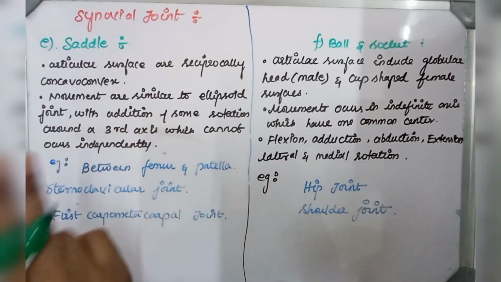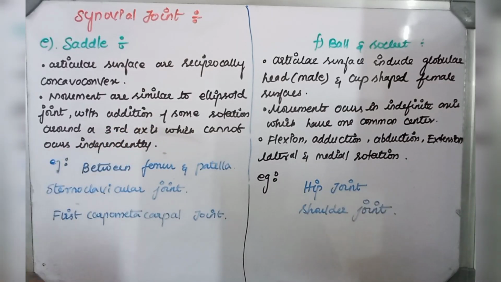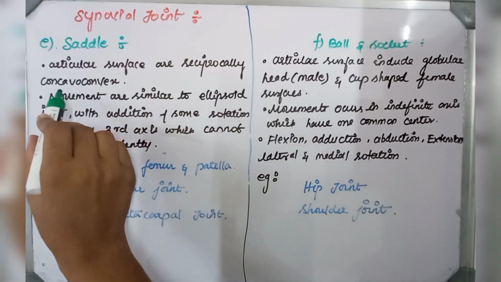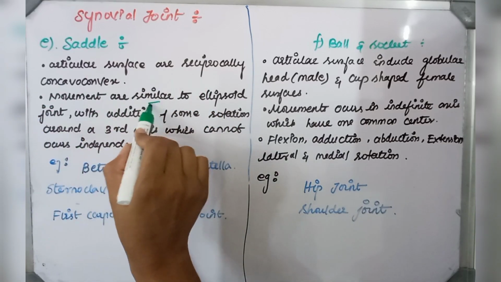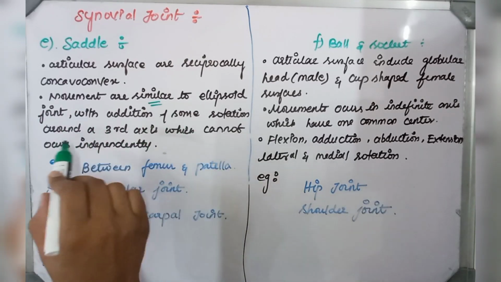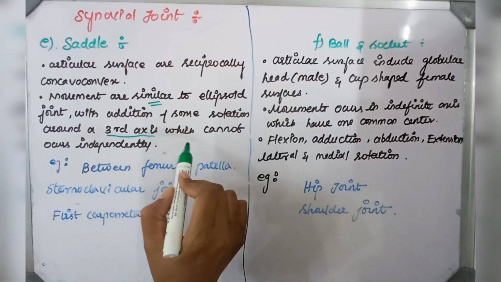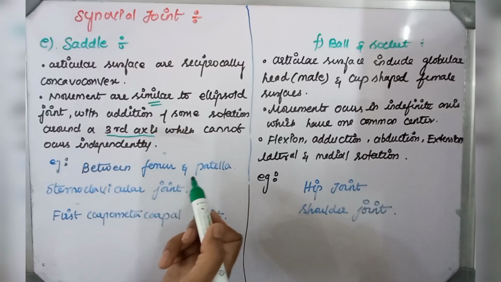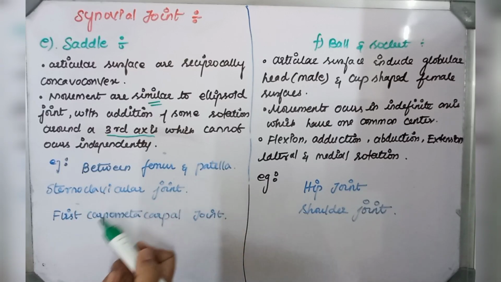The saddle joint movements are similar to those of the ellipsoidal joint, but in addition it possesses some rotation around the third axis which cannot occur independently. Examples are the joint between the femur and patella, the sternoclavicular joints, and the first carpometacarpal joints. These are all saddle joints.